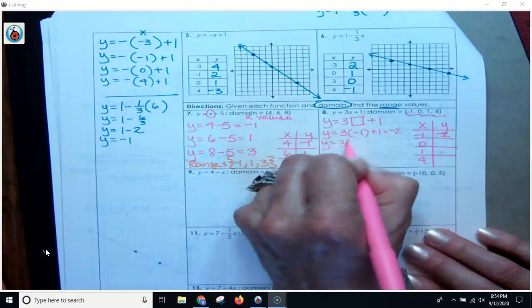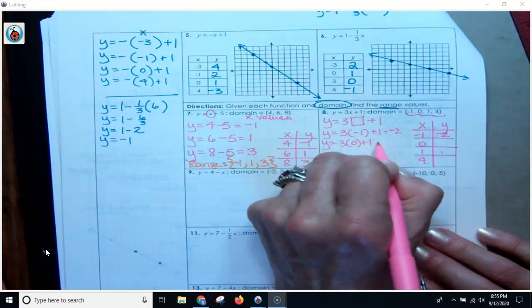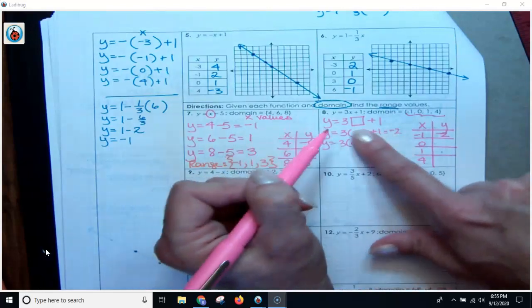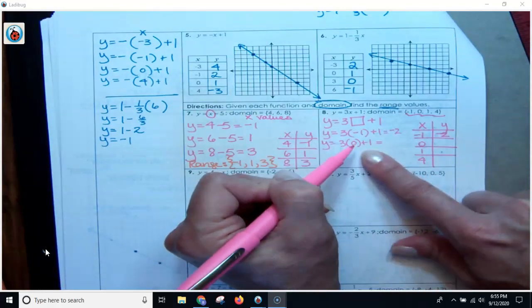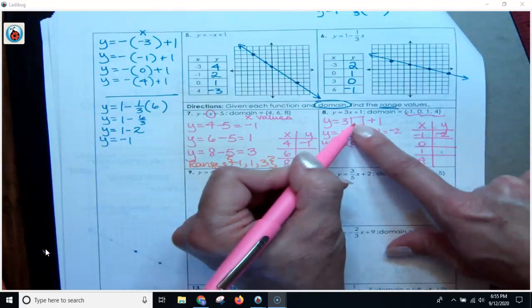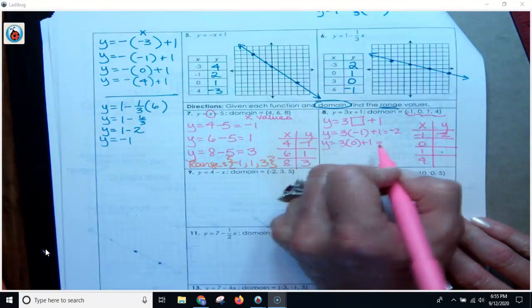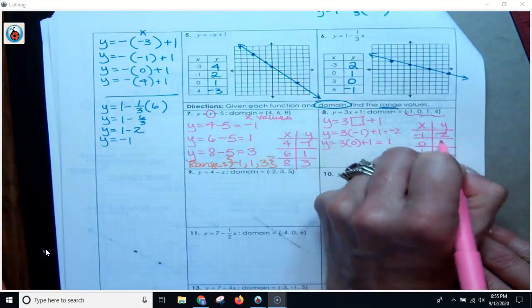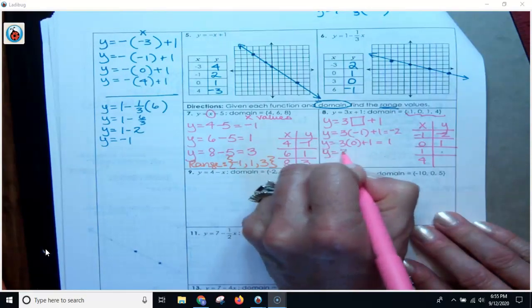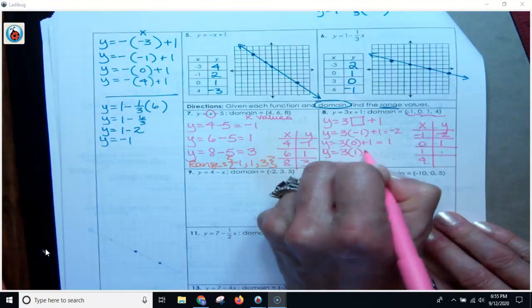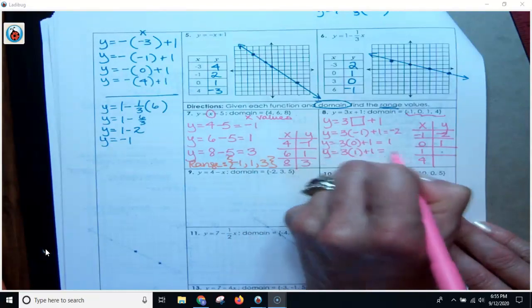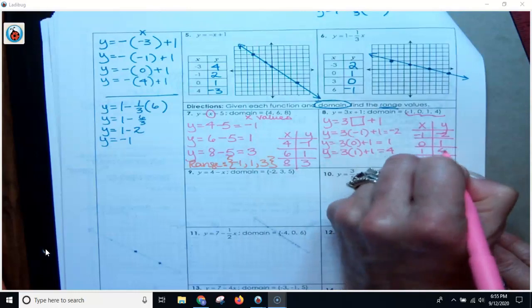Y equals 3 times 0 plus 1. Remember, I'm just taking this entire equation, and the only thing that's changing is what is going into the x value. 3 times 0 is 0, plus 1 is 1. Y equals 3 times 1 plus 1. 3 plus 1 is 4.